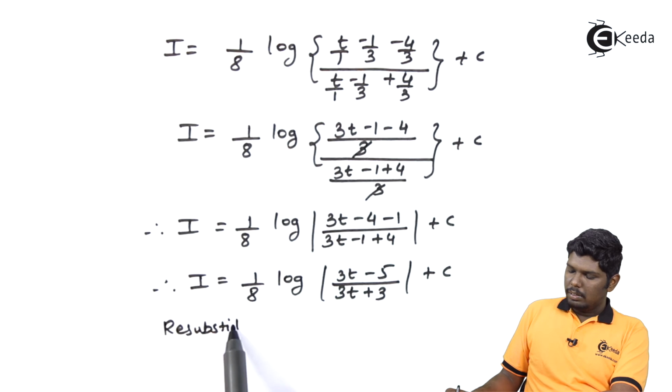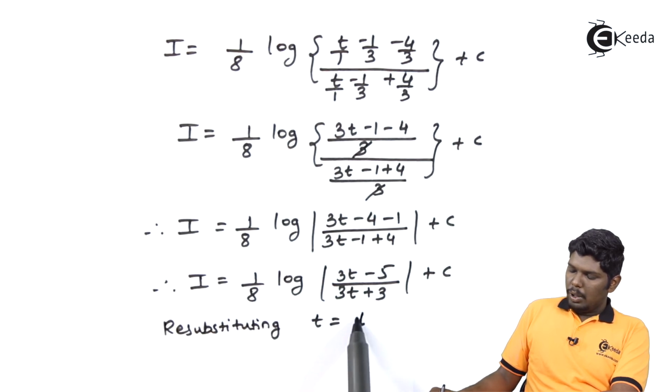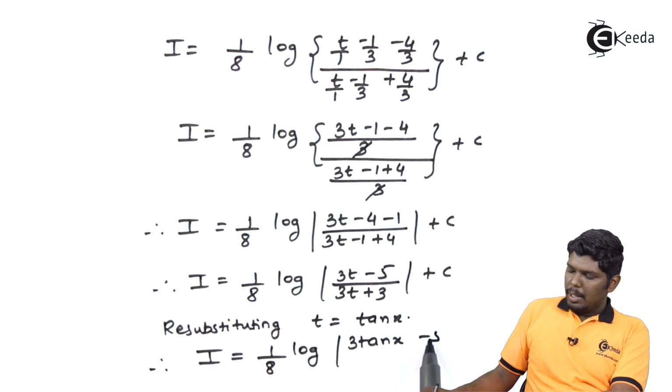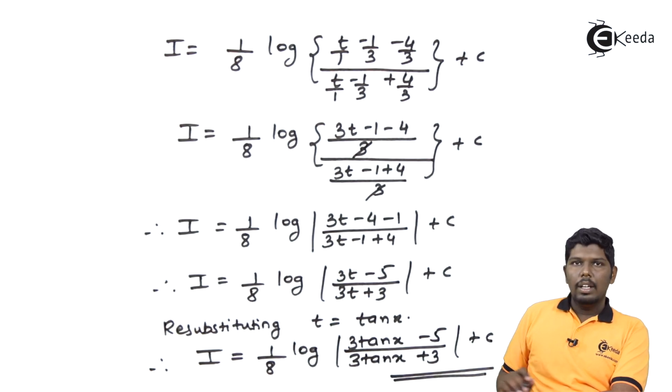Resubstituting t is equal to tan x. Therefore I is equal to 1 upon 8 log of 3 tan x minus 5 upon 3 tan x plus 3 plus c. This is our final answer.